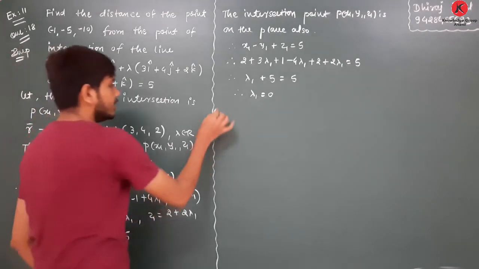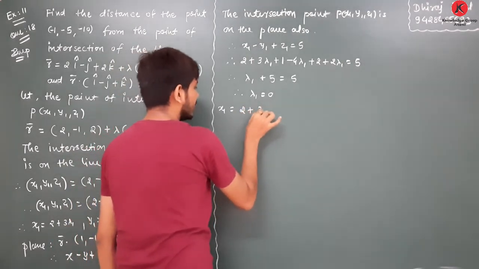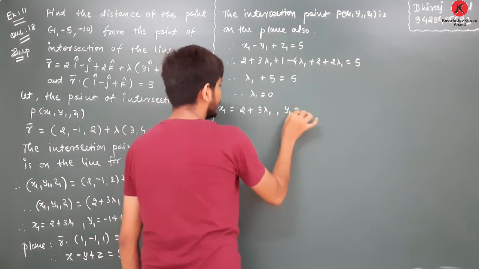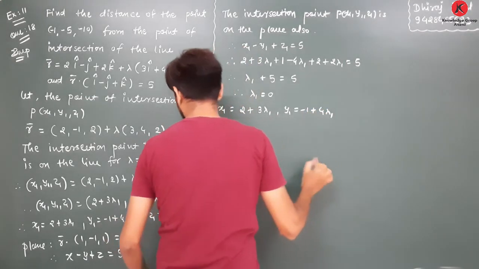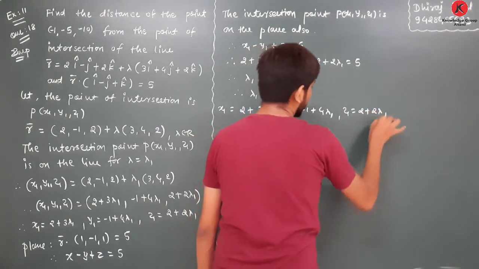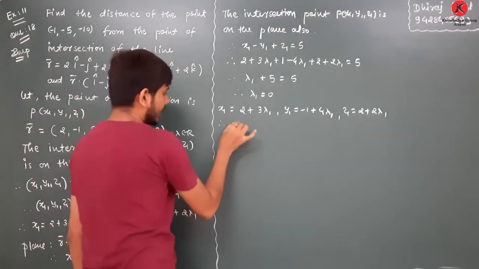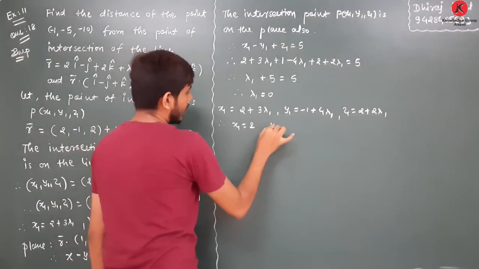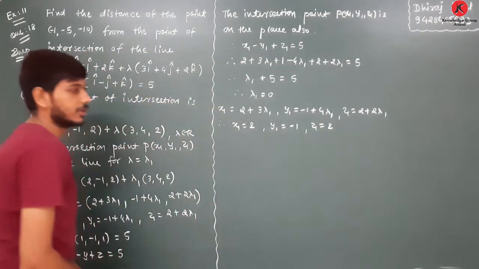Now obtain x1, which equals 2 plus 3 lambda 1, y1, which equals minus 1 plus 4 lambda 1, and z1 equals 2 plus 2 lambda 1. By putting lambda 1 equals 0, we are getting x1 equals 2, y1 equals minus 1, and z1 equals 2 here.